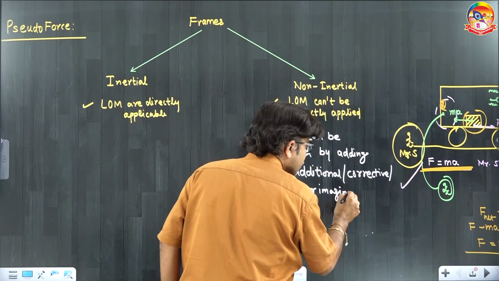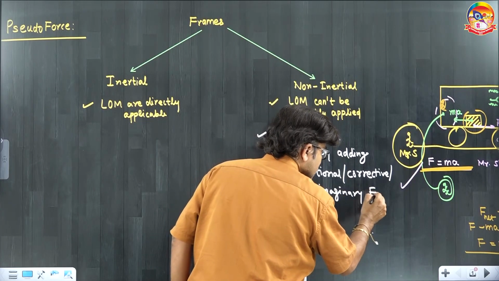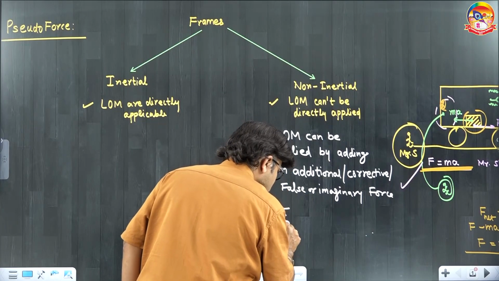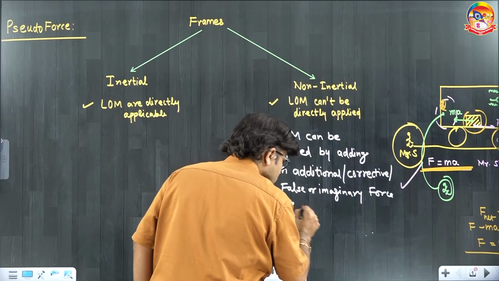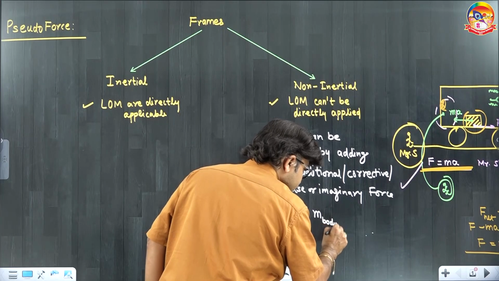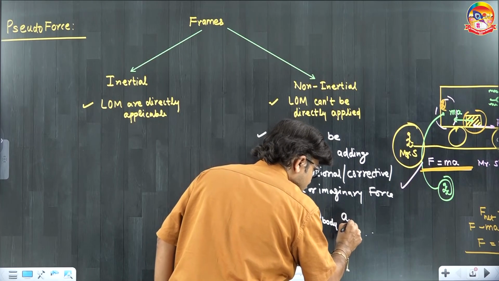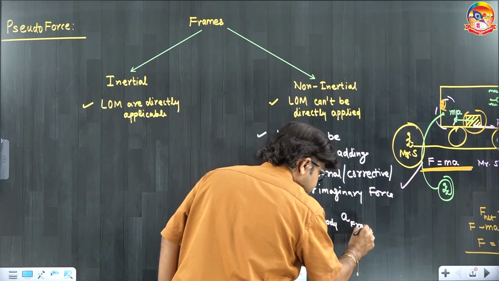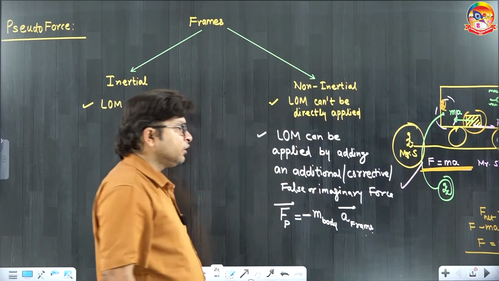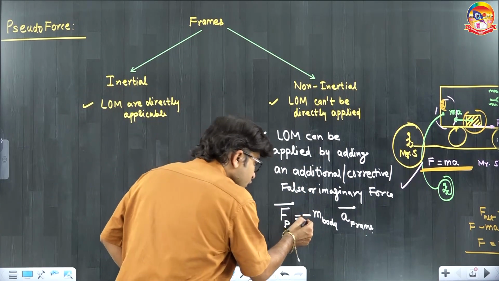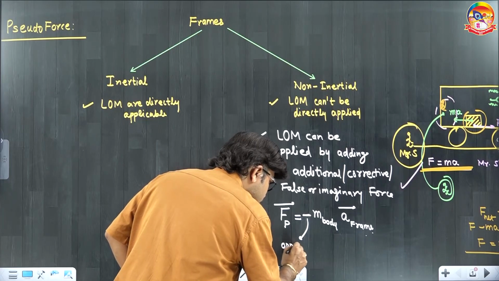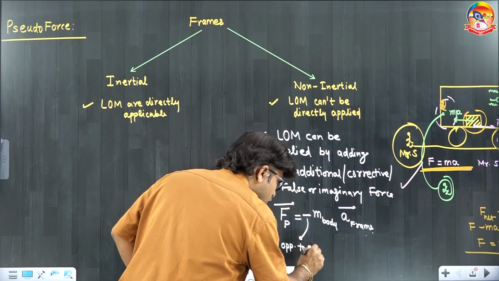This is not acting in real, we all know. And what is this force? This force, that is the pseudo force, is equal to mass of the body into acceleration of the frame. And I put a minus sign. Minus sign, what does it imply? It implies that it is opposite to acceleration of the frame.